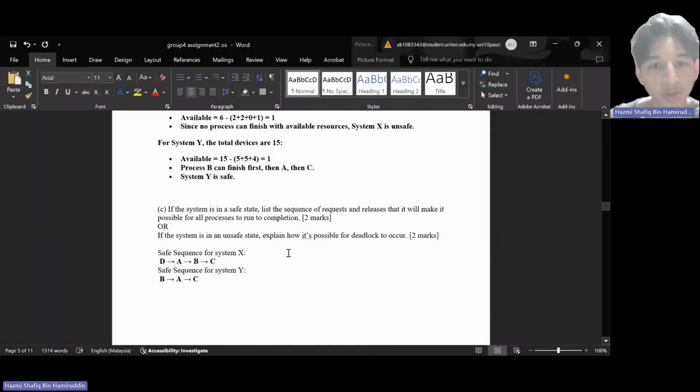So for question 2, I will explain the answer for question C. If the system is in a safe state, list the sequence of requests and releases that will make it possible for all processes to run to completion.